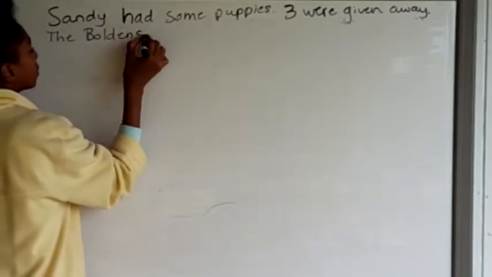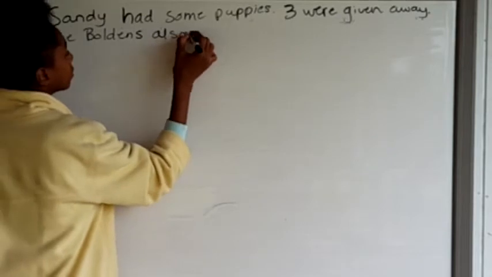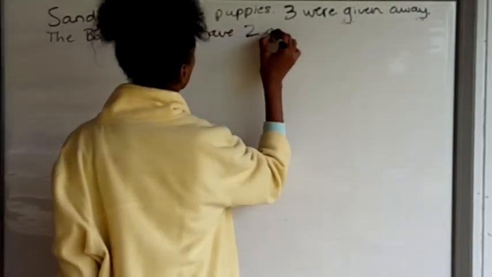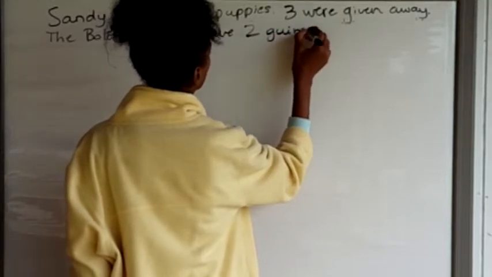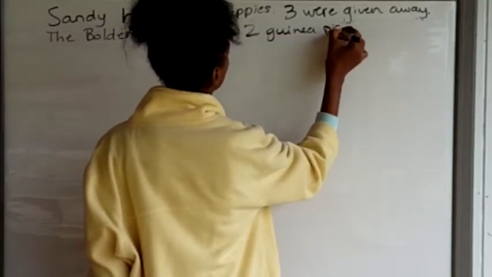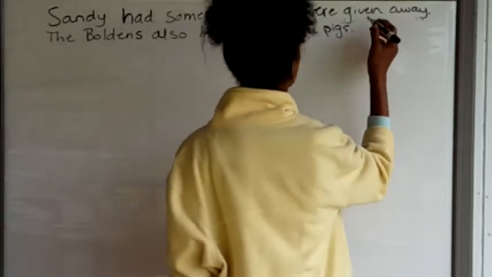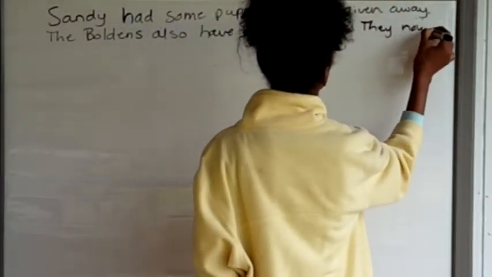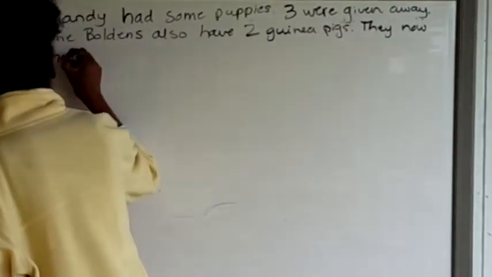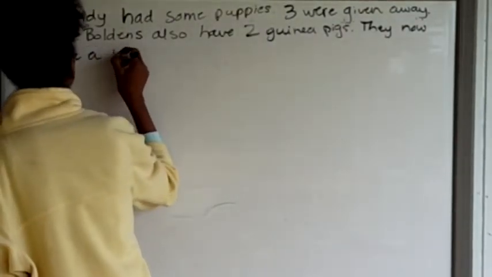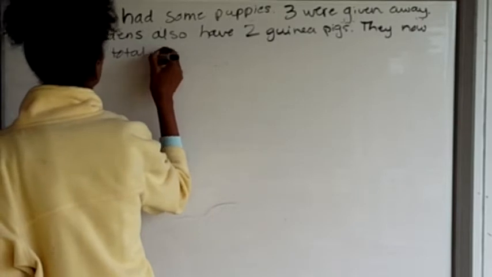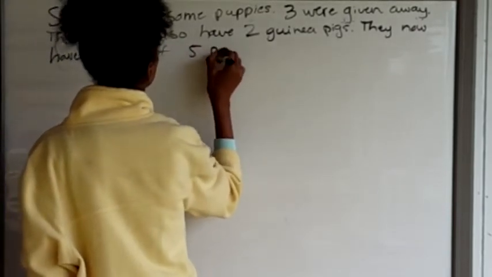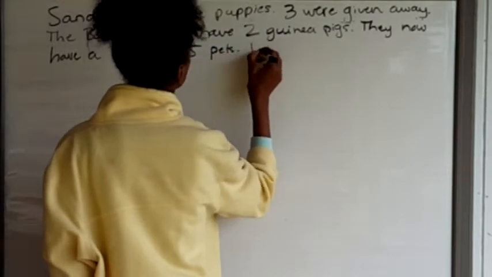The Bowdens also have two guinea pigs. They now have a total of 5 pets.